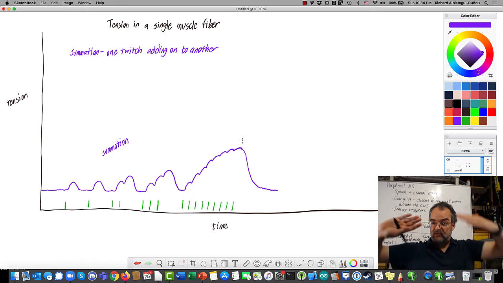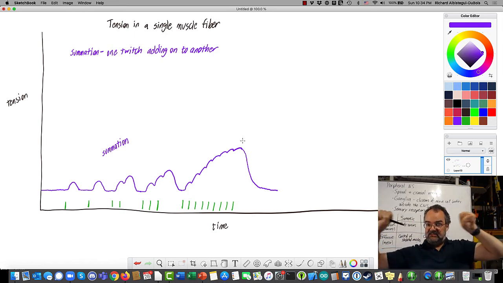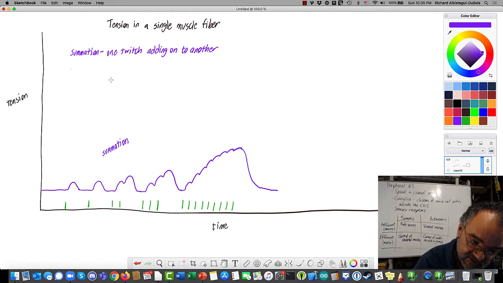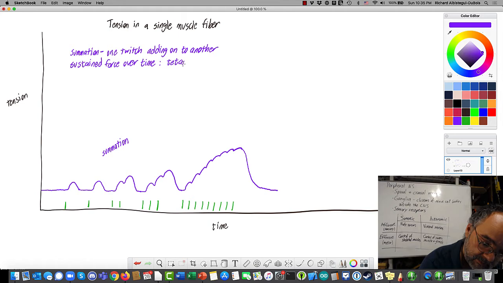If we were to look at that fiber, it's holding that force. It's exerting force over time. Sustained force over time. So sustained force over time is what we call tetanus, or a tetanic contraction.